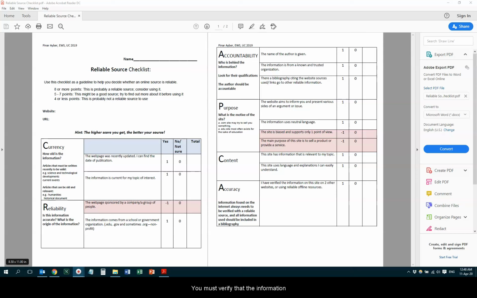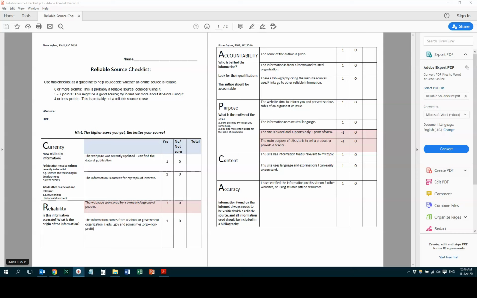And then the last section is accuracy. You must verify that the information on the source or on the website that you're looking at is correct. Sometimes it's very easy to do this. For example, if you're researching a current event and you look at 1 or 2 or 3 newspapers, you'll see the same information, the same details reported.